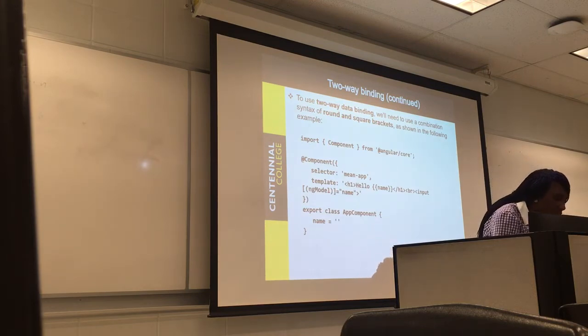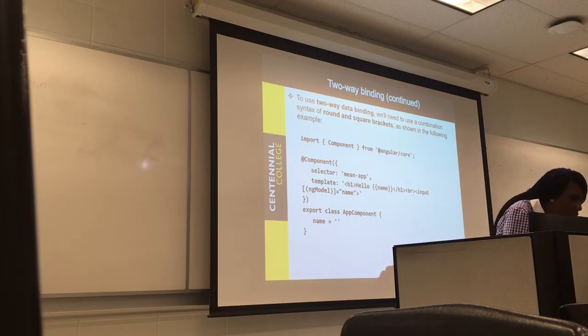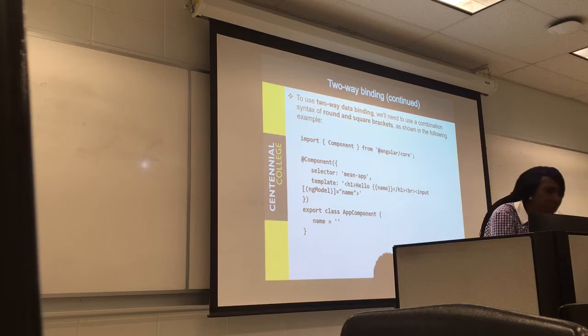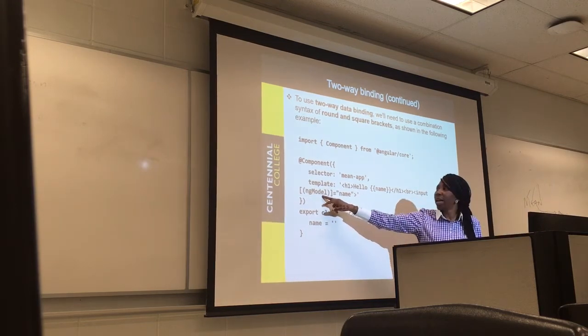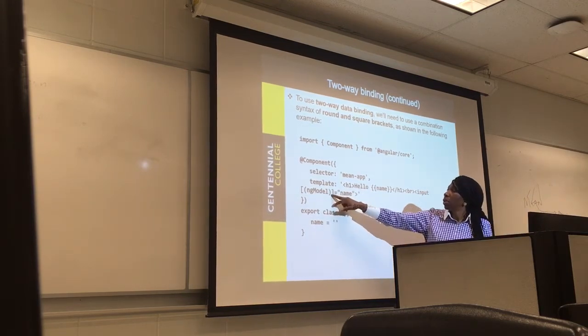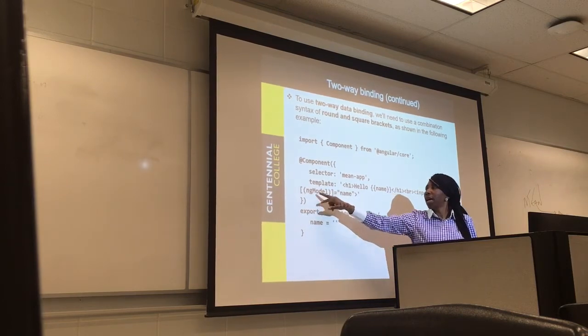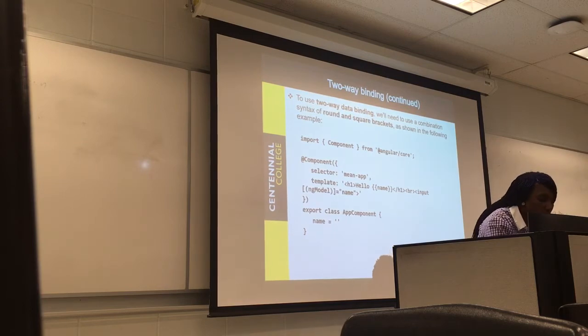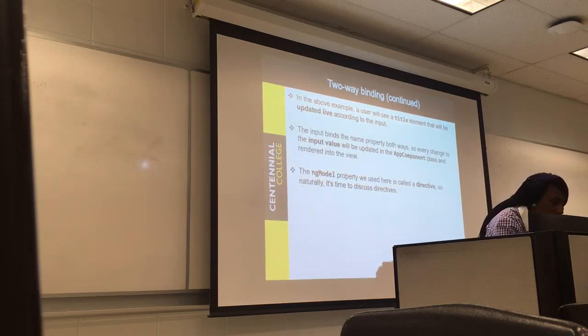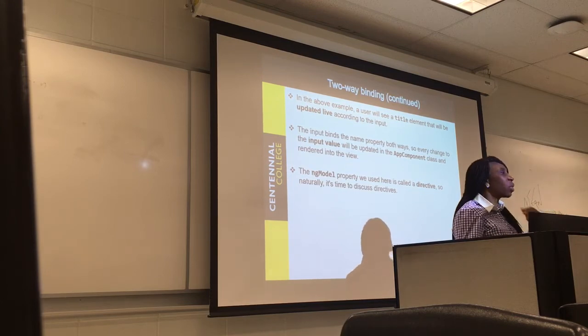You need the combination of round and square brackets as we have in this example. If you look at this example, the ngModel, we have a round and a square bracket. So that is two-way binding. We'll still talk about that as we move on and start working with Angular.